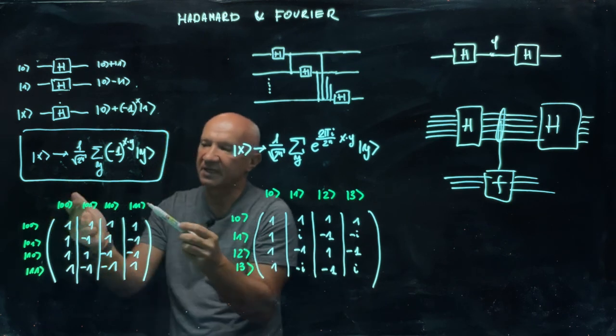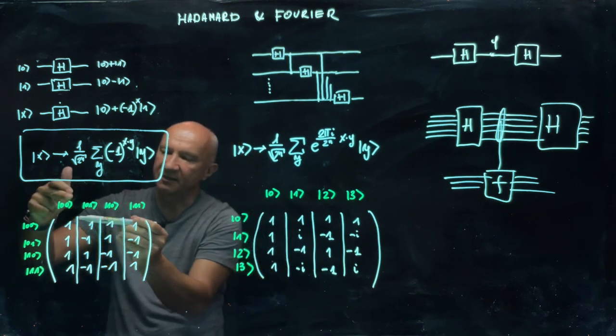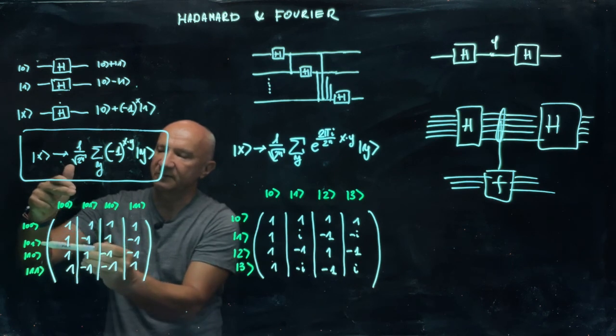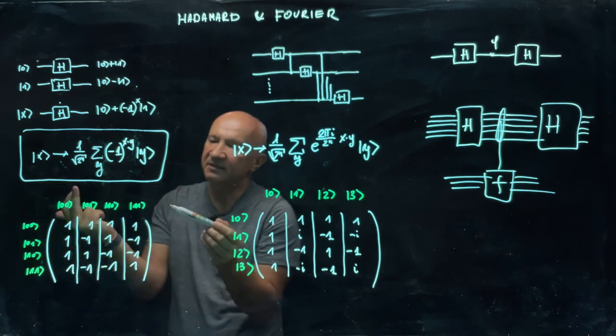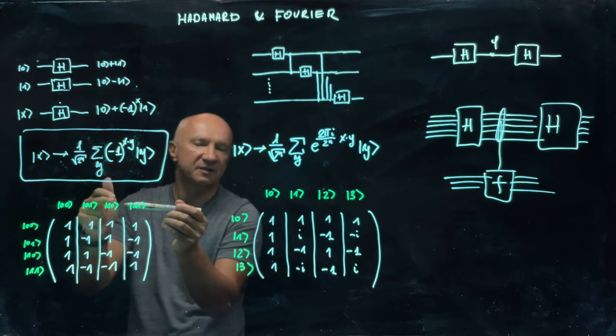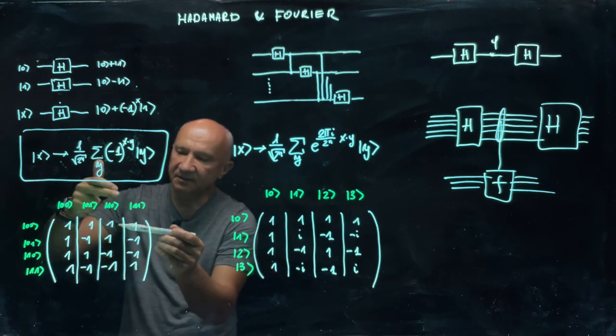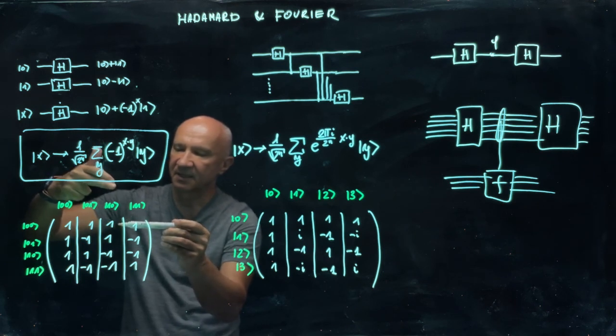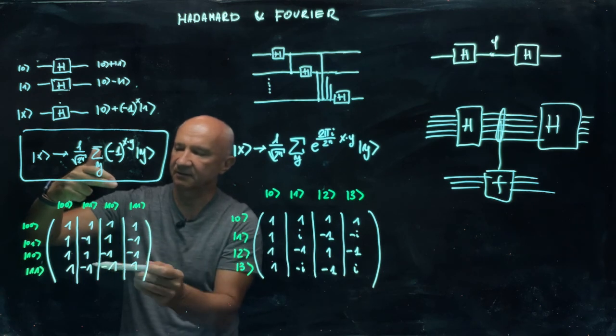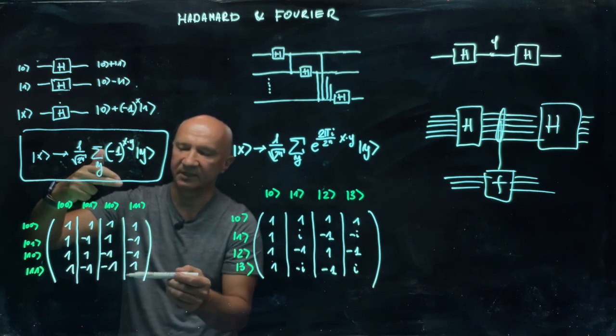For example, if you start in state 0 0, you have equally weighted superposition of 0 0, 0 1, 1 0, and 1 1. But if you start in some other state, for example state 1 0, then you will have equally weighted superposition, but in this case terms 0 0 and 0 1 will have a +1 factor, and 1 0 and 1 1 will have a -1 factor.